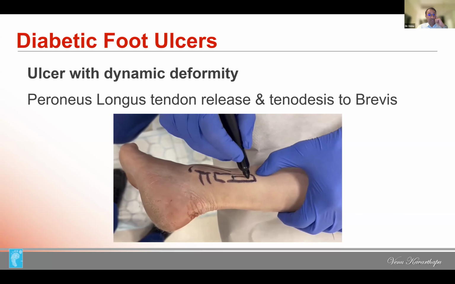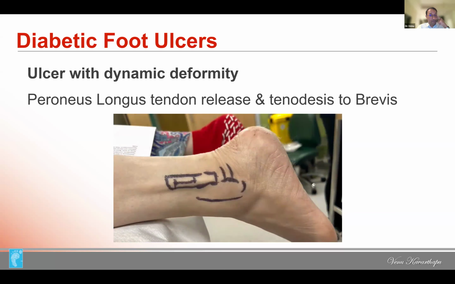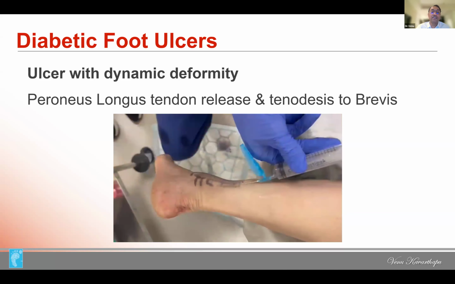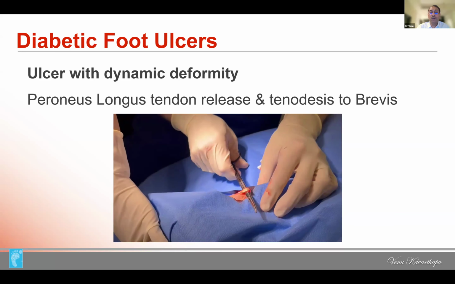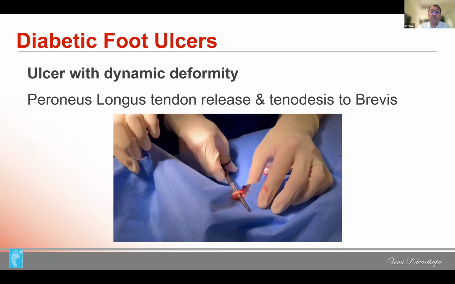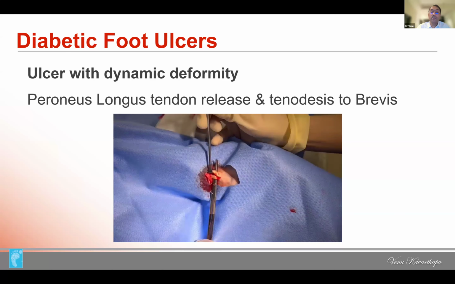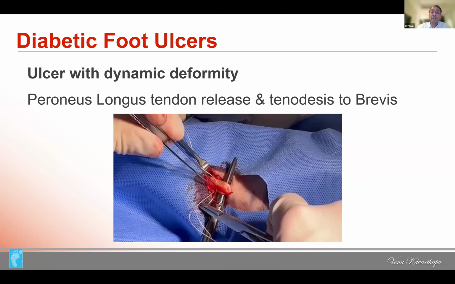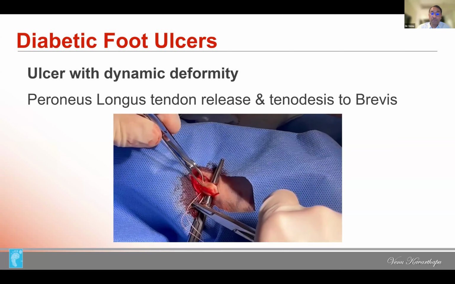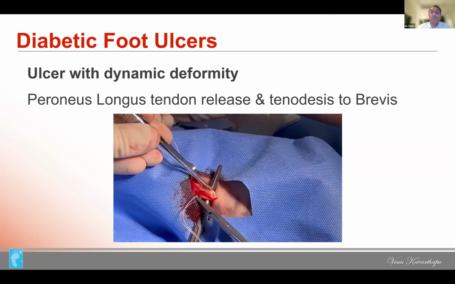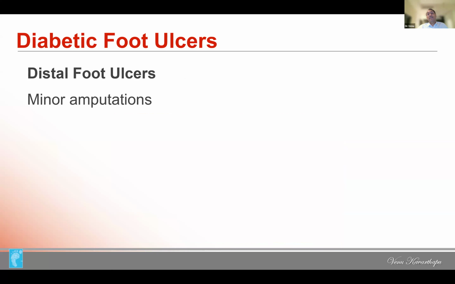Identify where to make the incision to access the peroneal tendons; you can see the exact location from the contracture of the tendons. Under local anesthetic, identify the longus and brevis. We know the anatomical location, but if we need to, we will check by seeing its action. While the longus is under tension, suture the longus and brevis together first, and then release the longus tendon. That immediately reduces the metatarsal head prominence.